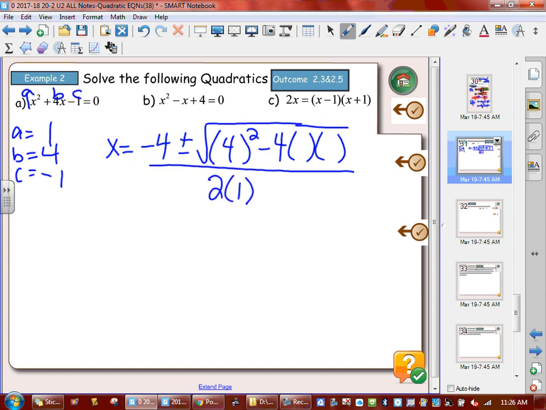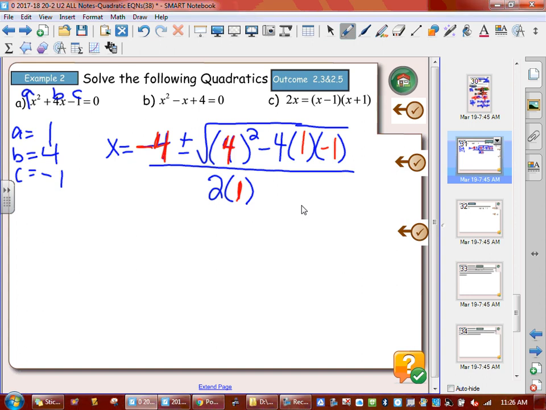So we're putting in our A, B, and C numbers. Over here I need A and I need C. So we plug them in first, and then we're going to simplify it. I will be checking your notes to make sure they're filled out properly. So follow along with the examples, please.